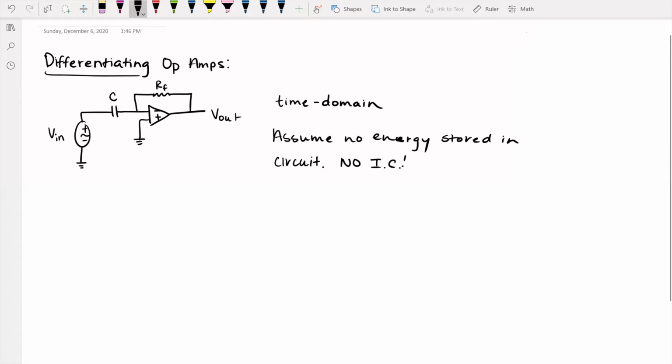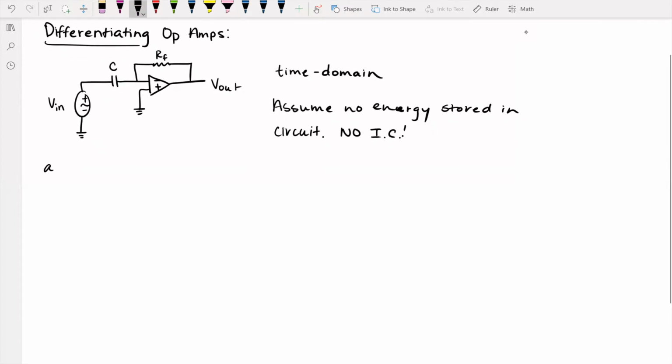So what are we going to do? How are we going to do this? With nodal analysis. If you recall the rules of op amps, this current here is equal to 0, and the same for these two over here. So the current going into the op amp and out of the op amp has to be 0.